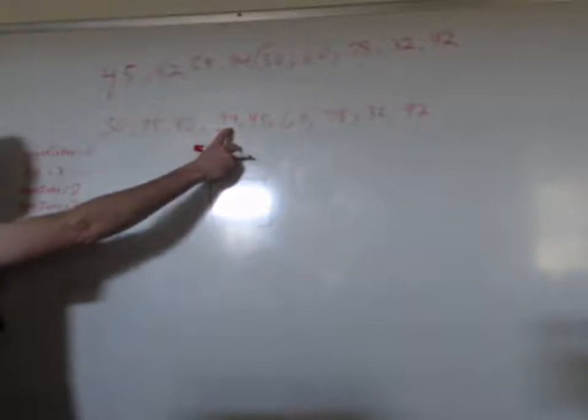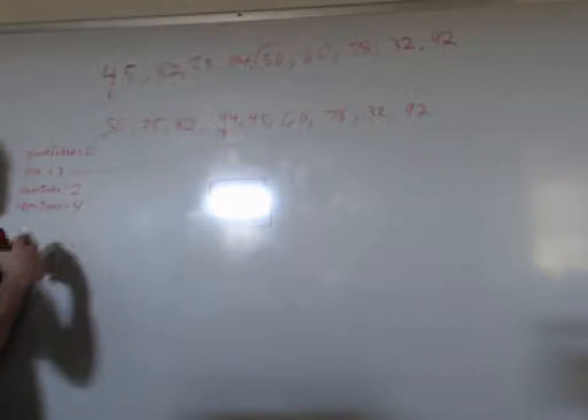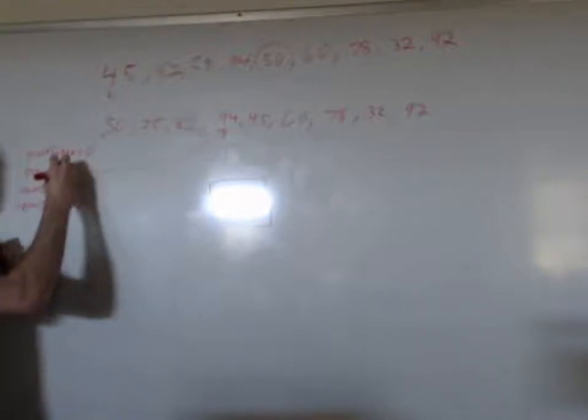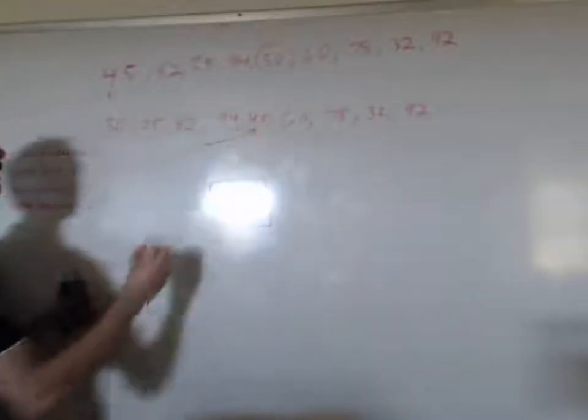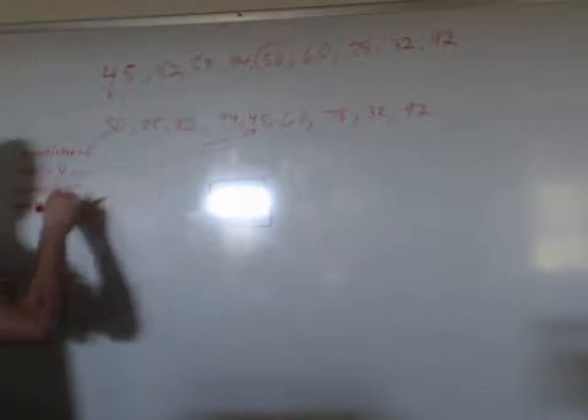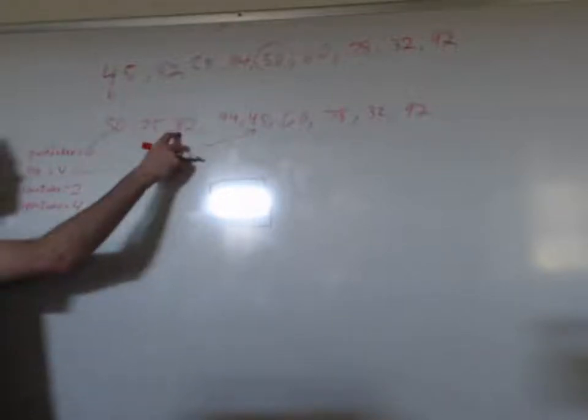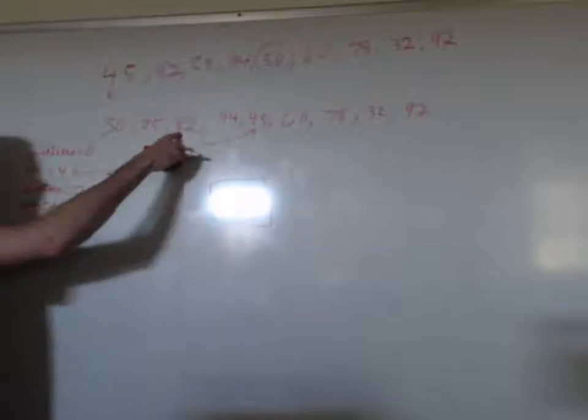All right. 94, is it greater than or less than 50? It's greater than. So we just increment the upper index up to 4, and then position up to 4 as well. 45, is 45 less than or greater than 50? It is less than. So we're going to swap the 45 with what's being pointed to by the lower index, which is currently the 82.